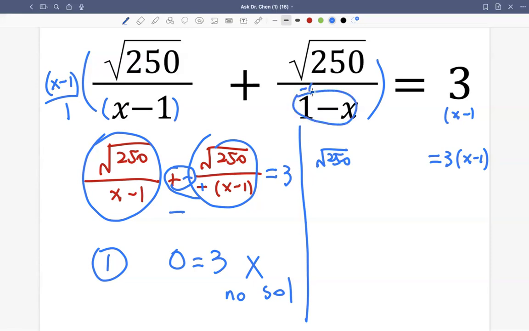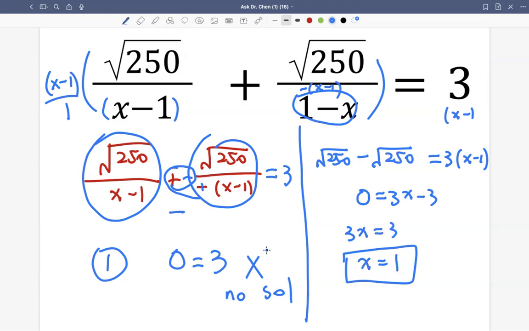So x minus 1 cancels this x minus 1, but we get a minus square root of 250. And of course, square root of 250 subtracted from itself gives 0. Then distribute 3, the 3x minus 3. So add 3 on both sides, so we get 3x equals 3. So then x equals 1.